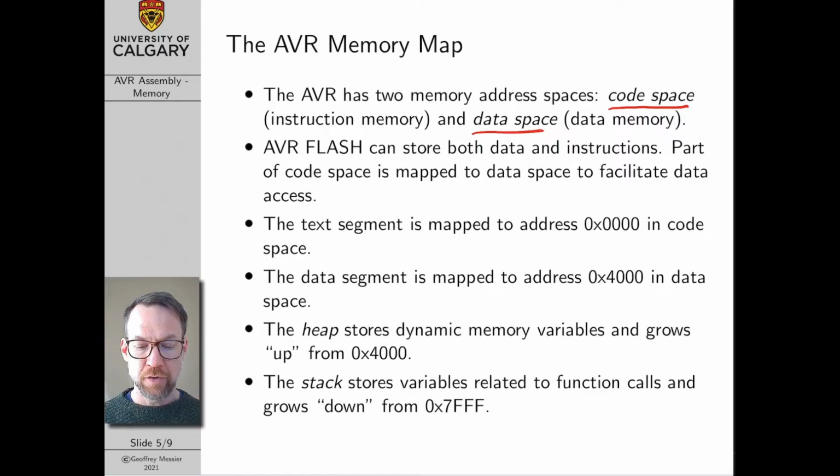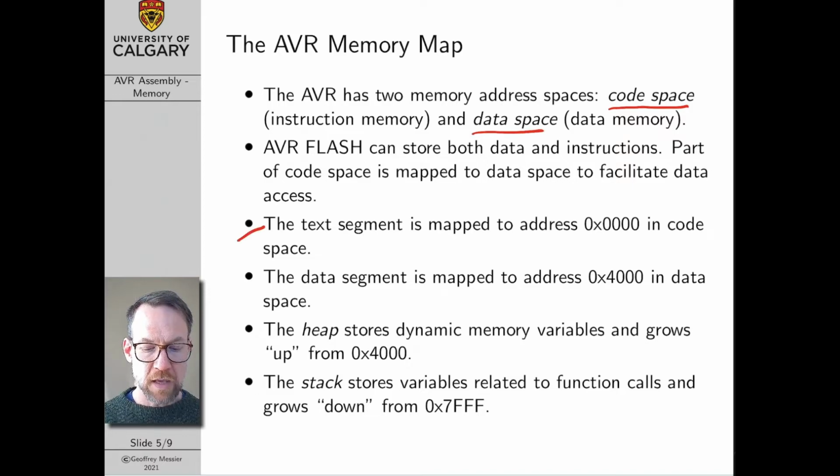We think of AVR flash primarily as what we use to store our instruction memory, but you can also store some user data in the flash memory. So you'll see a portion of flash memory is actually mapped into the data space, into data memory space, and I'll show you a diagram that illustrates that in a second.